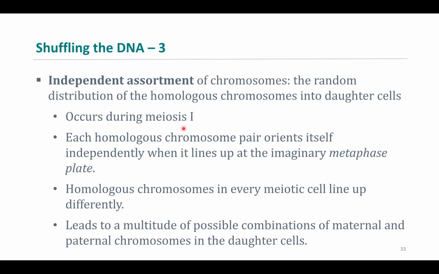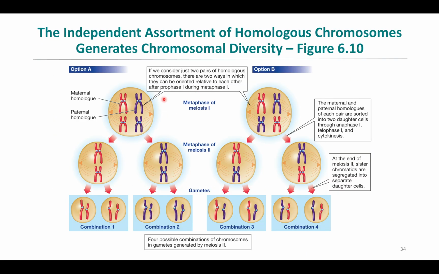And then independent assortment. This is the second event that causes genetic diversity. In this one, these two chromosomes have the opportunity to go into any of the combinations.